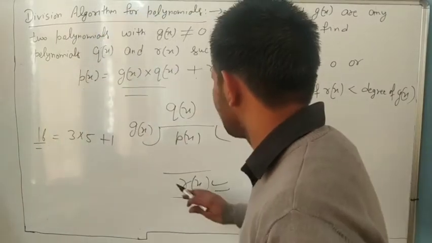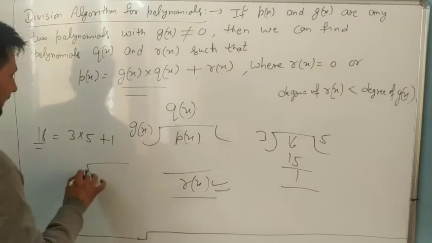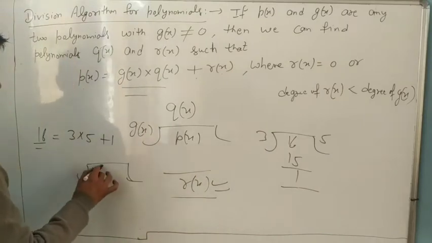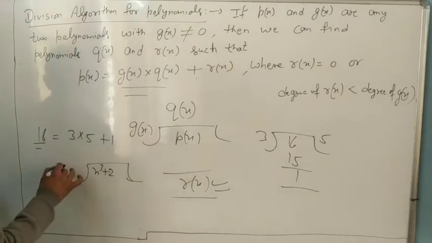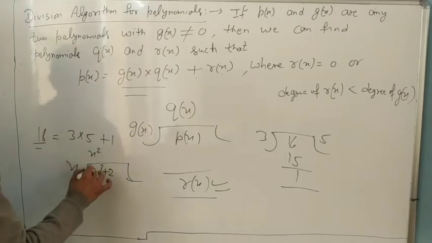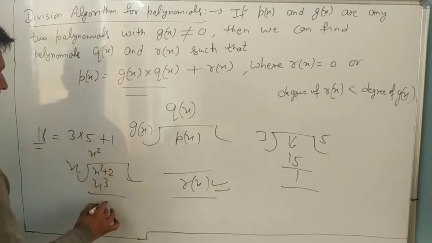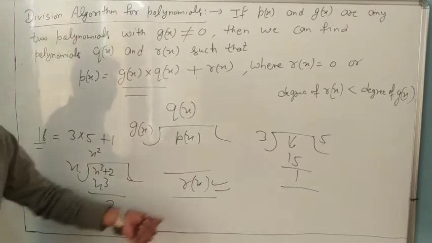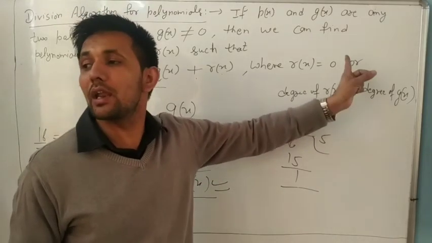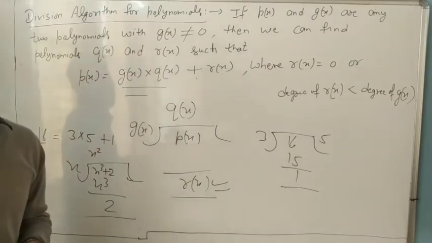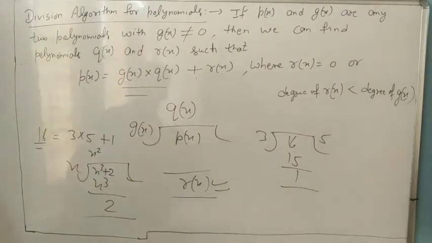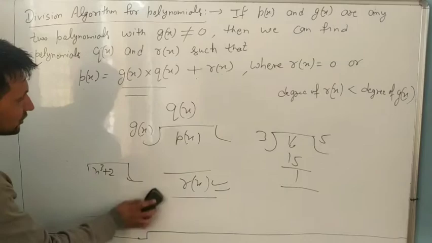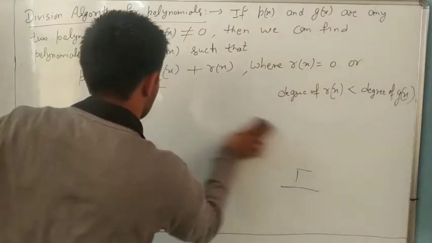If we divide x cube by x square, the quotient is x and the remainder is 2. The degree of the remainder is 0, so the degree is always less, or the remainder is 0. So you have to remember this, otherwise you can note it down like this also.